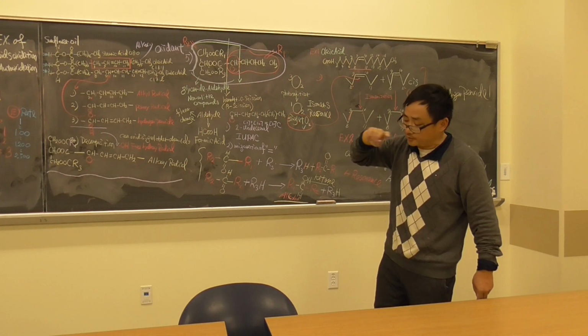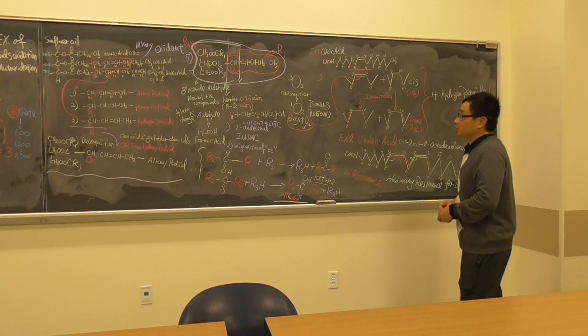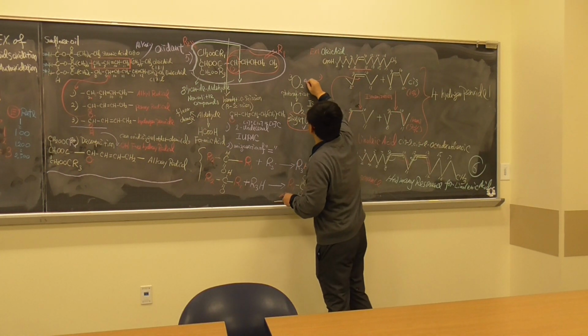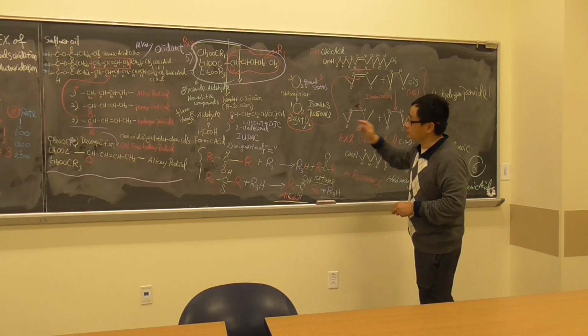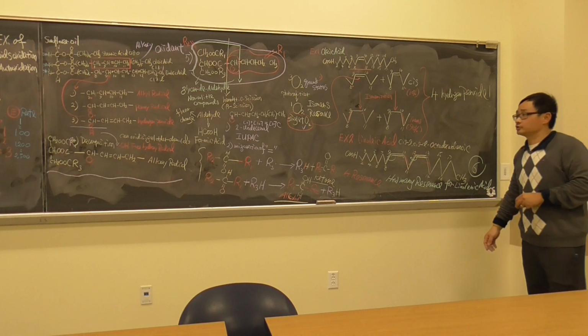So the orbital electron spin, they make it energized. This is what we call the ground state or base state. Nothing, very quiet, and this is energized. That's the reason. Okay, so this is what I have for lipid oxidation.